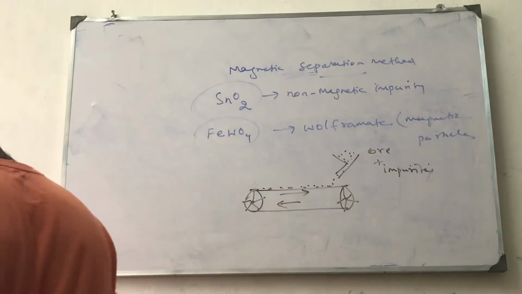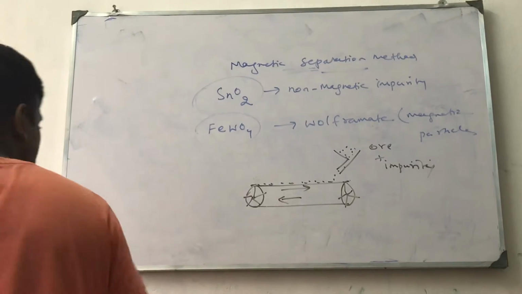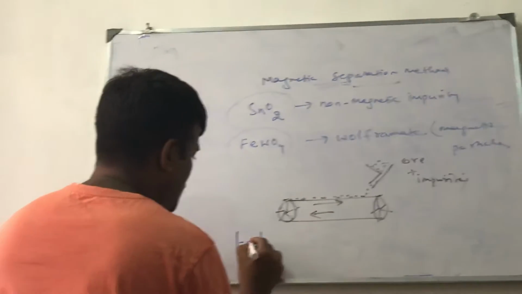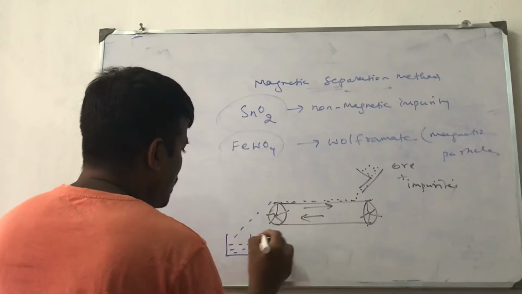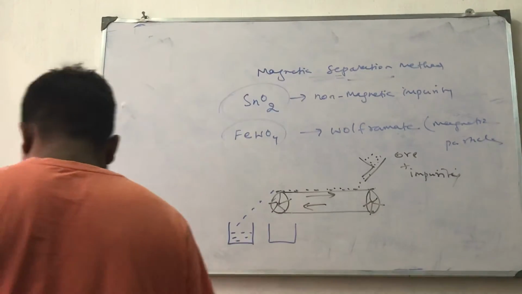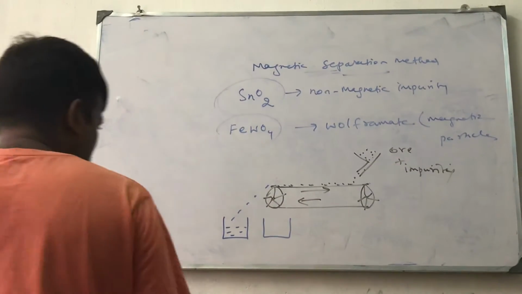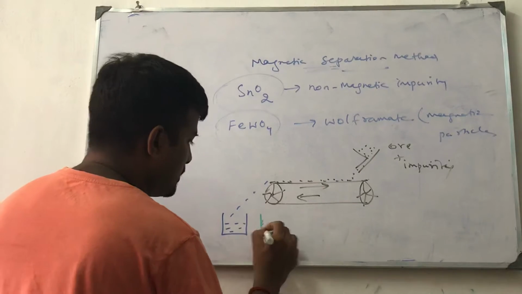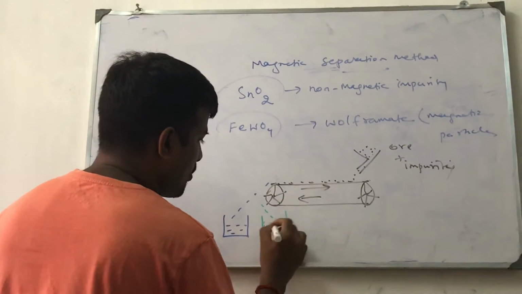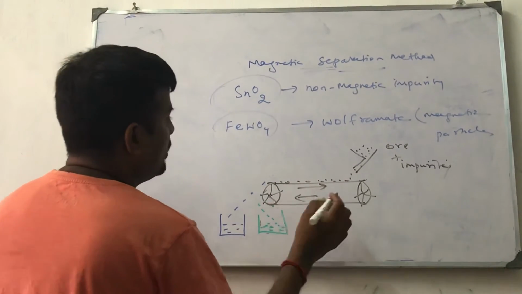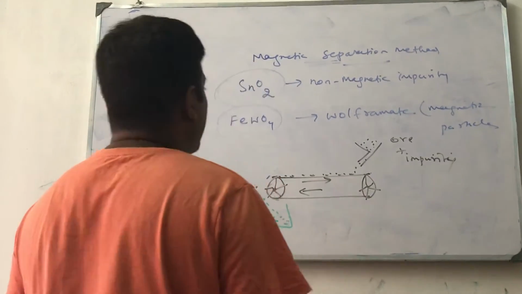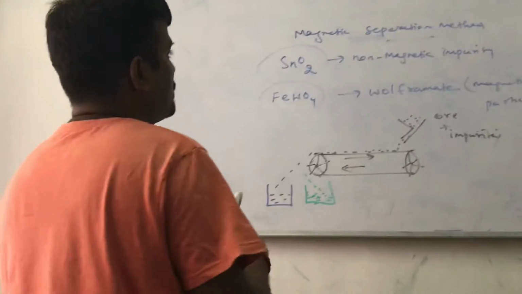This is the magnetic roller. This one contains the non-magnetic impurities. And this one contains the magnetic impurities. So this is the diagrammatic representation of electromagnetic separation.